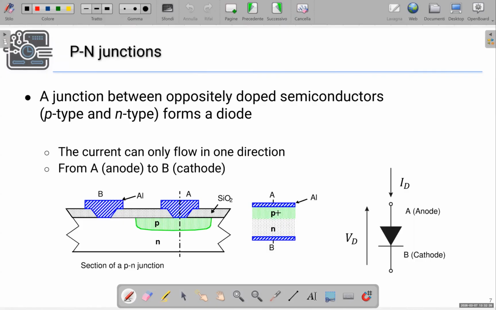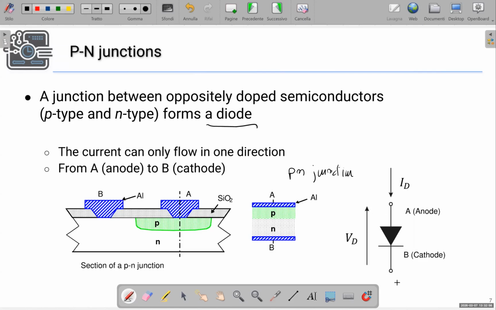When we have this structure, we say that we have a p-n junction. This is a p-n junction, and from an electrical point of view, it behaves as a diode.